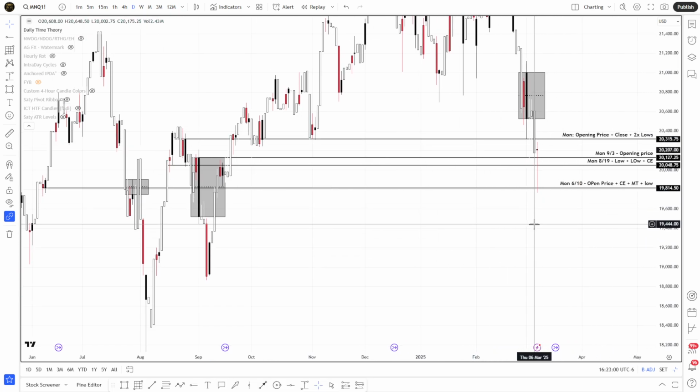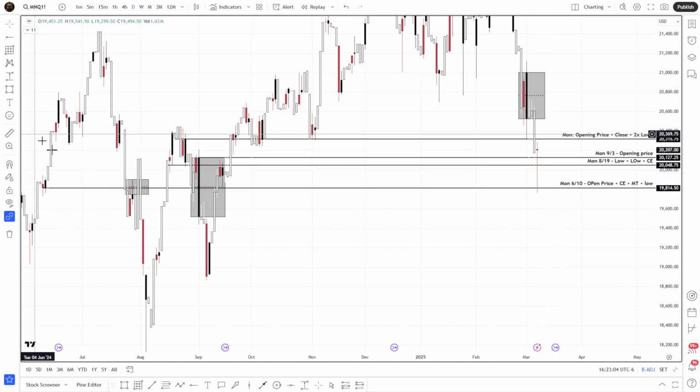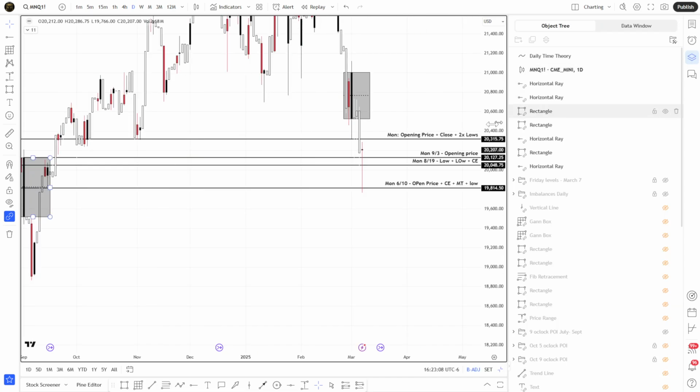And pretty much this is all I need right now for Monday, because I'm going to wait and see how the new week opening gap happens. Is it a big gap? What are we doing? How does price react around some of these levels already? And what are we looking at?